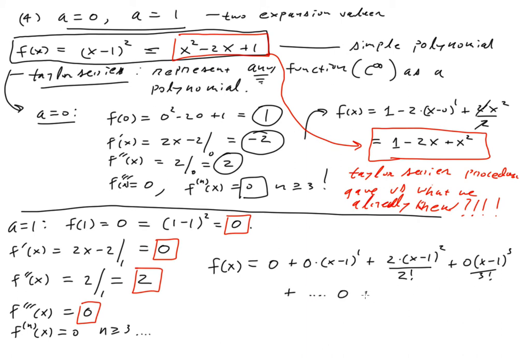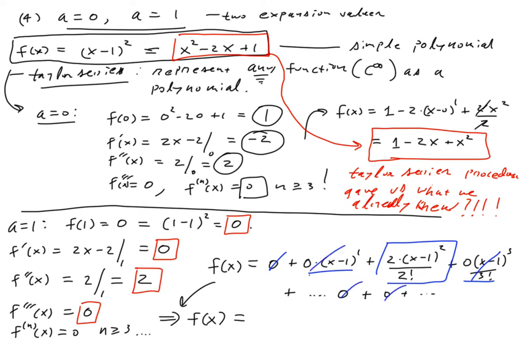And everything after that is also 0. So the conclusion from all of that is that f of x has only one term that's non-zero, and it's equal to x minus 1 quantity squared.